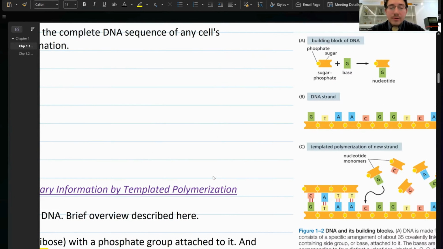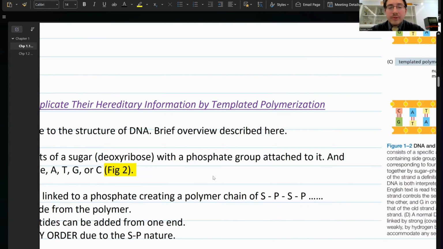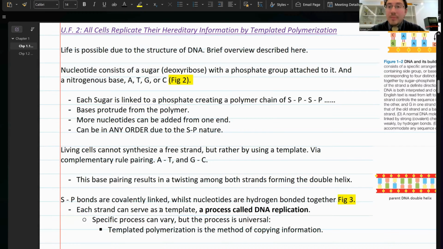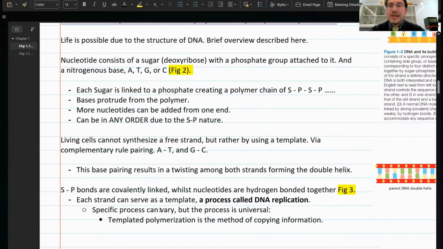So in general, whenever DNA wants to copy itself in replication, it uses each strand of the DNA as a template, and then free nucleotides that are floating around can come in and attach in a particular sequence, that we'll get into in the later chapters.